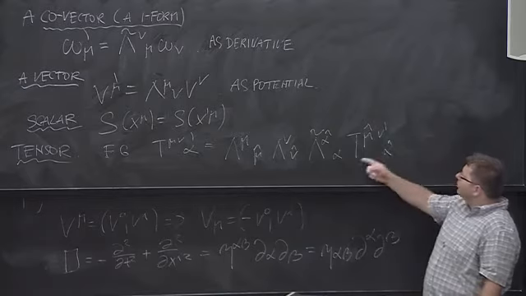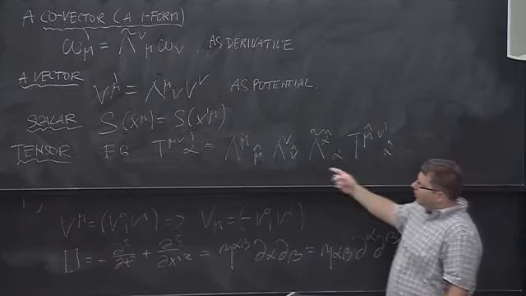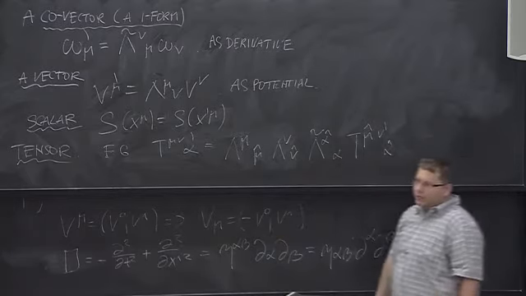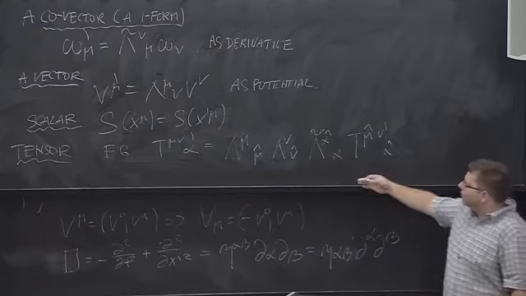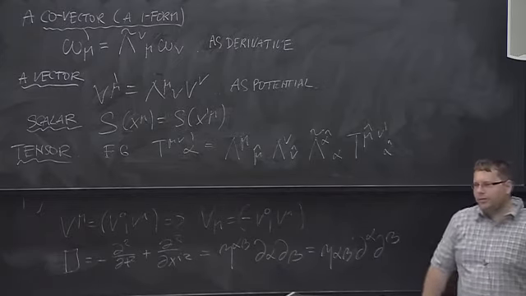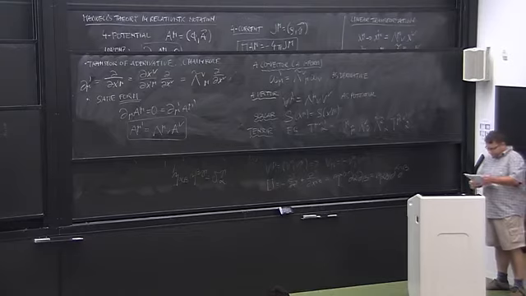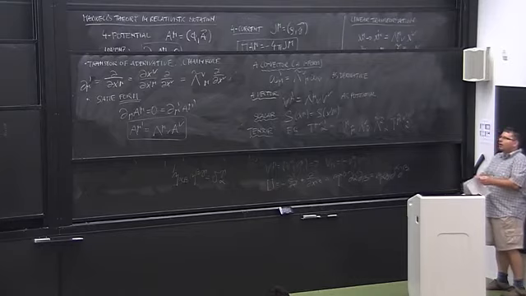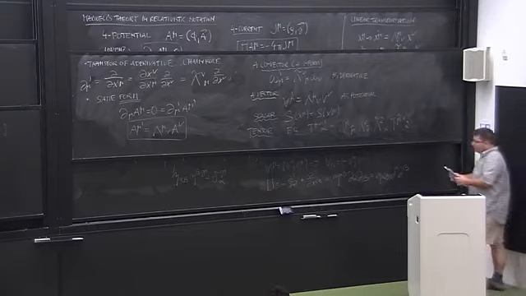Okay, so this is the original object, and this is the object which transforms later. So now you just transform each and every index this way.